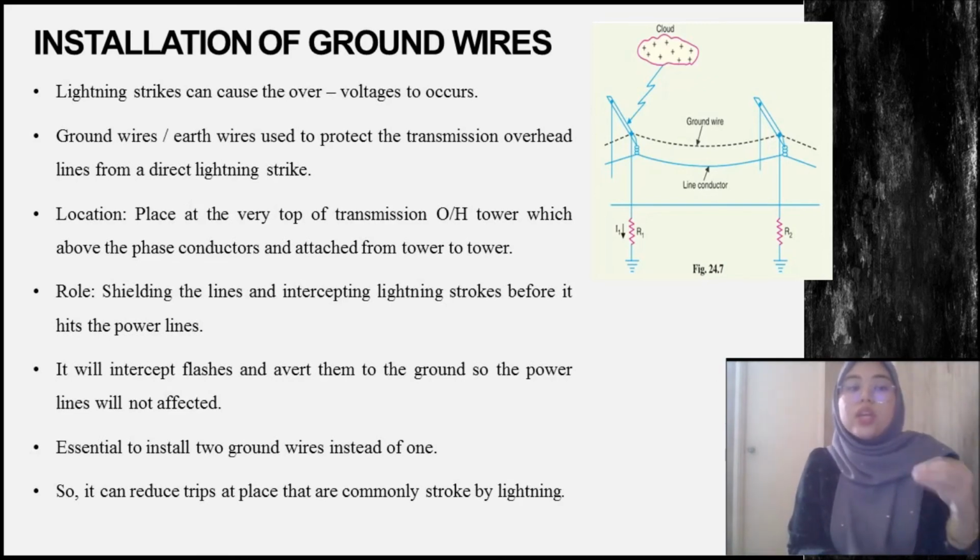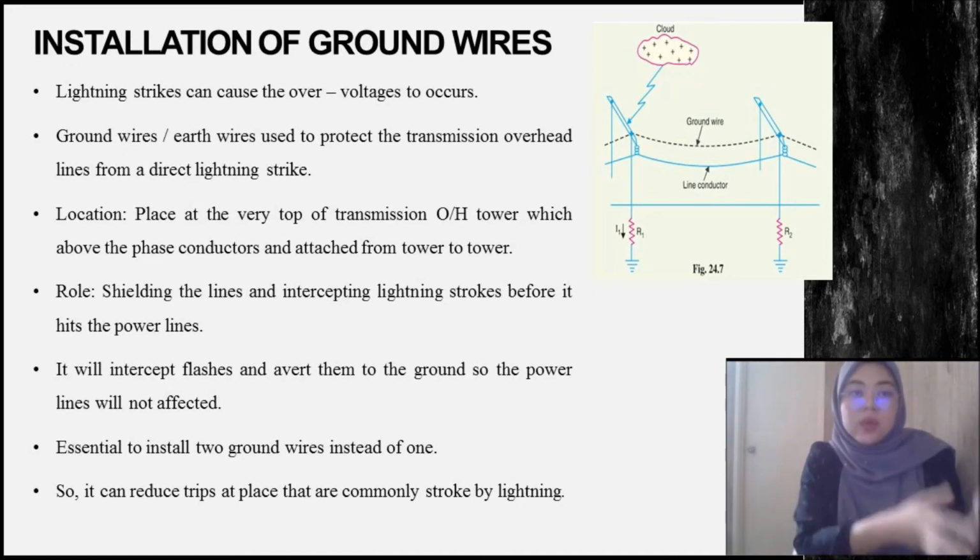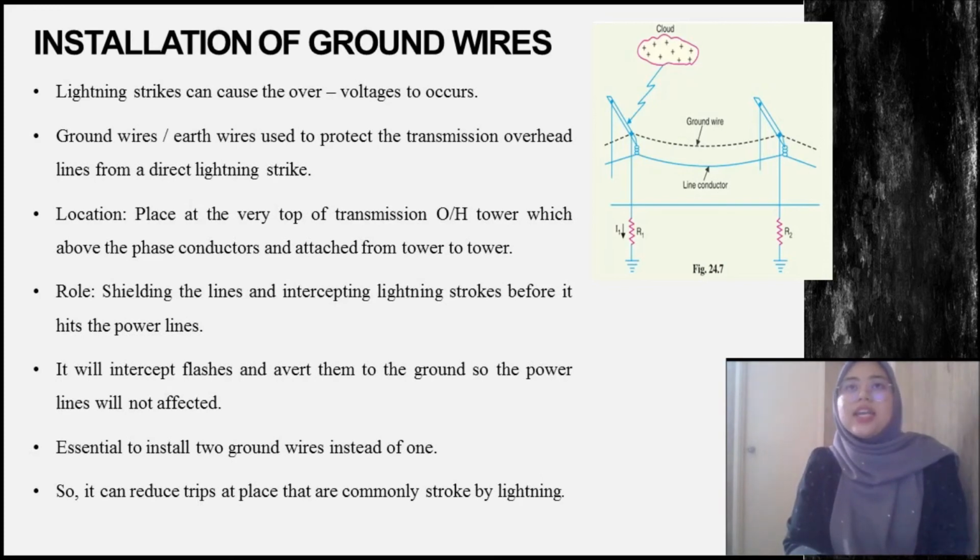And it is also attached from one tower to another tower. The ground wire has the role of shielding the line and intercepting lightning strikes before they hit the current carrying conductor below, which is the power line itself. So the earth wire will intercept the strikes and divert them to the ground, so the power line will not be affected.